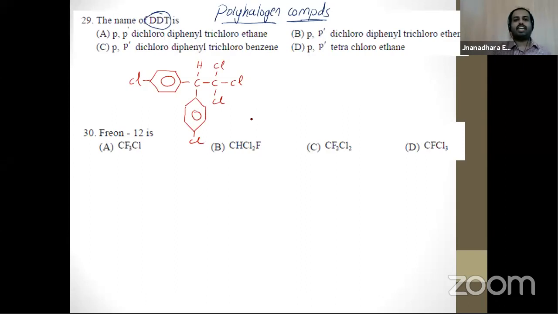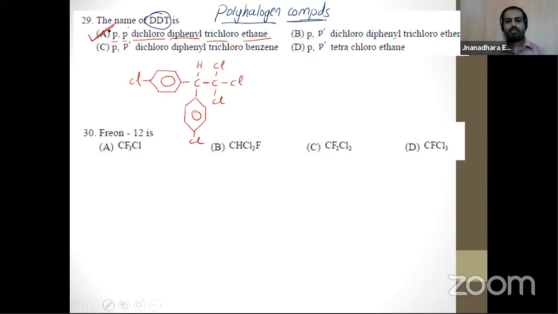This is the structure of DDT. Which name matches it? p,p'-dichlorodiphenyltrichloroethane: 2 para positions, dichloro, 2 benzene rings, diphenyl, 3 chlorine atoms, trichloro, ethane, a 2 carbon compound. Yes, it's option A, no doubt.